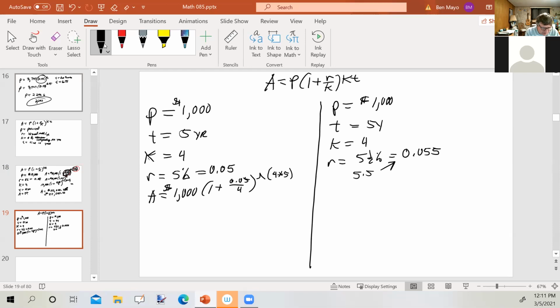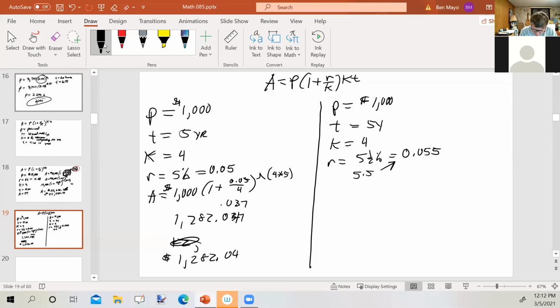So 1,000 times 1 plus 0.05 divided by 4, close that up, raise it to the power of 4 times 5, and I get $1,282.037, so that's going to round up to $1,282.04, because we came out with 0.037.